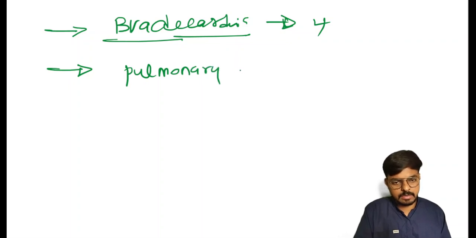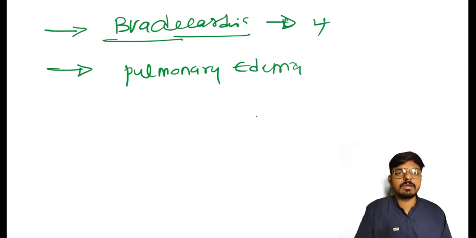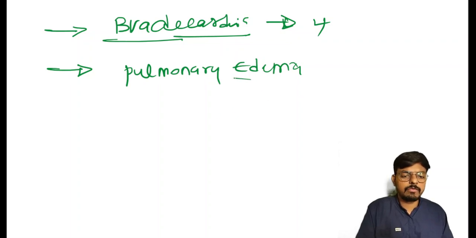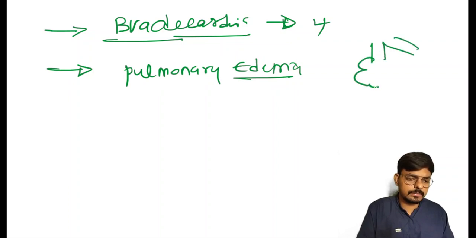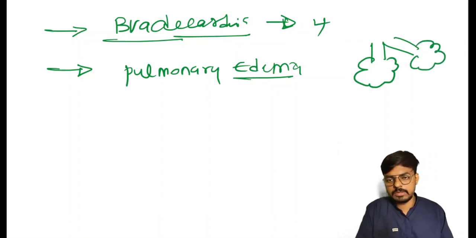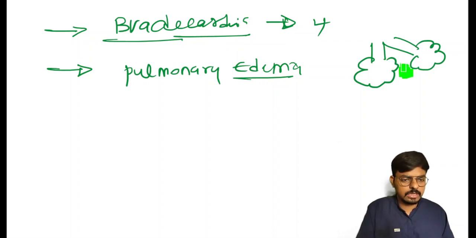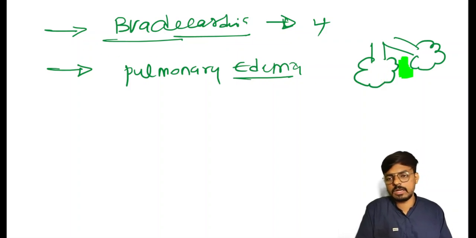What is pulmonary edema? Pulmonary edema is the accumulation of fluid in the interstitium between the alveoli. These are the alveoli, and in between the alveoli the fluid gets accumulated; we call this pulmonary edema.